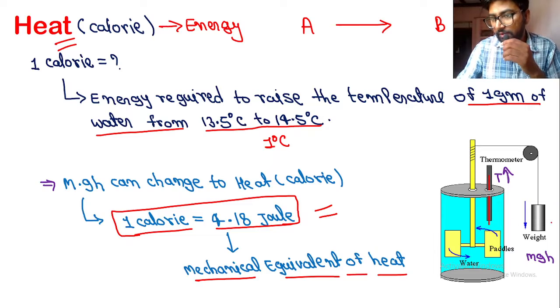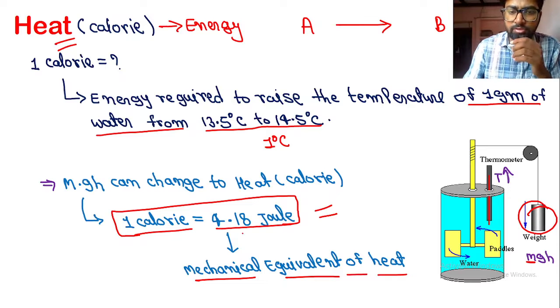Suppose the mass m is coming downward, and then the paddle is moving. By the movement of the paddle, the temperature of the water increases, and the energy comes from the potential energy gained by this mass, mgh. By this calculation we derive 1 calorie equal to 4.18 joule.